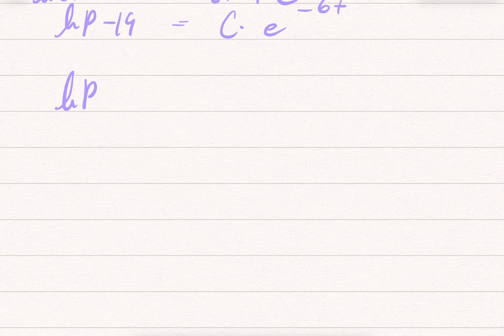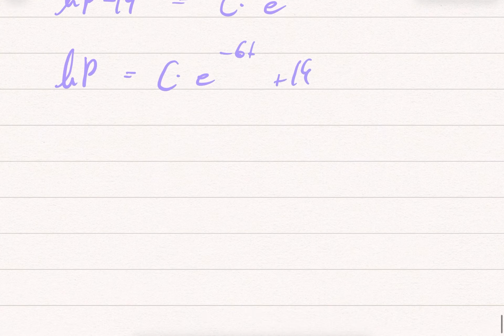So you're going to have ln p equals c times e to the negative 6t plus 19. You'll have p equals c e to the negative... Yeah, no, okay, we're good. C times e to the negative 6t. What if I just brought the whole thing up?